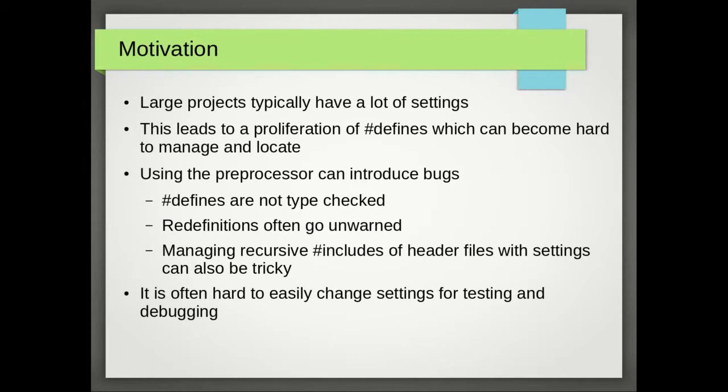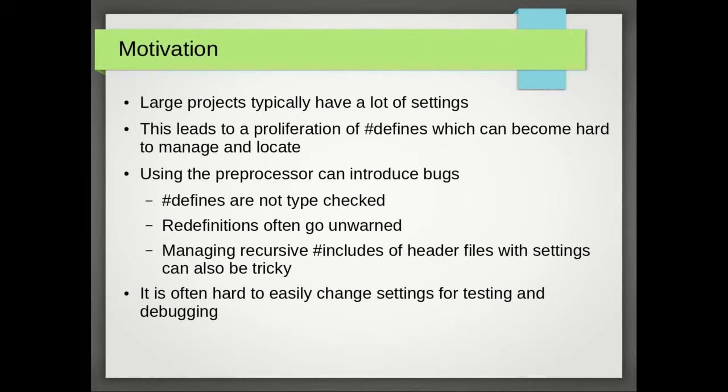And pound-defines are not type checked, so it's very easy to accidentally write a float when you mean an int, or even a string instead of an int, or something funny like that. If you just have a typo, it's very easy to cause errors like that, and that can often result in some pretty strange bugs that are very hard to find.